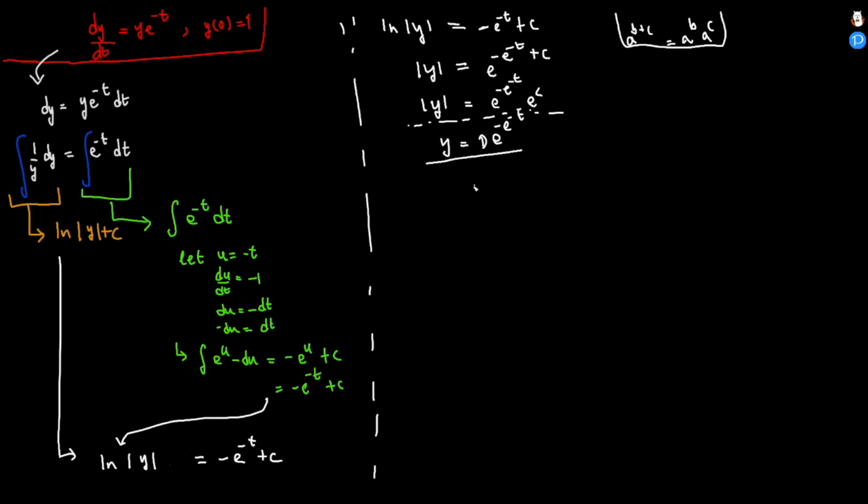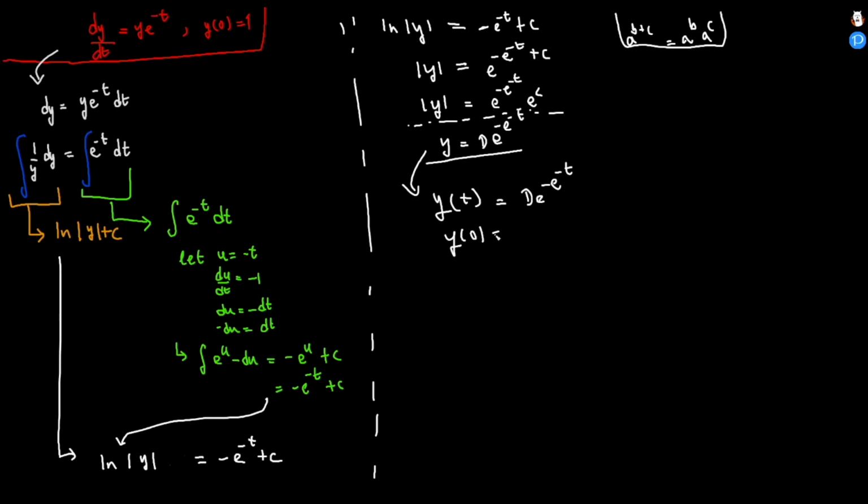Now we are given that y of 0 is 1. So y of t is d e to the minus e to the minus t, and y of 0 is 1.